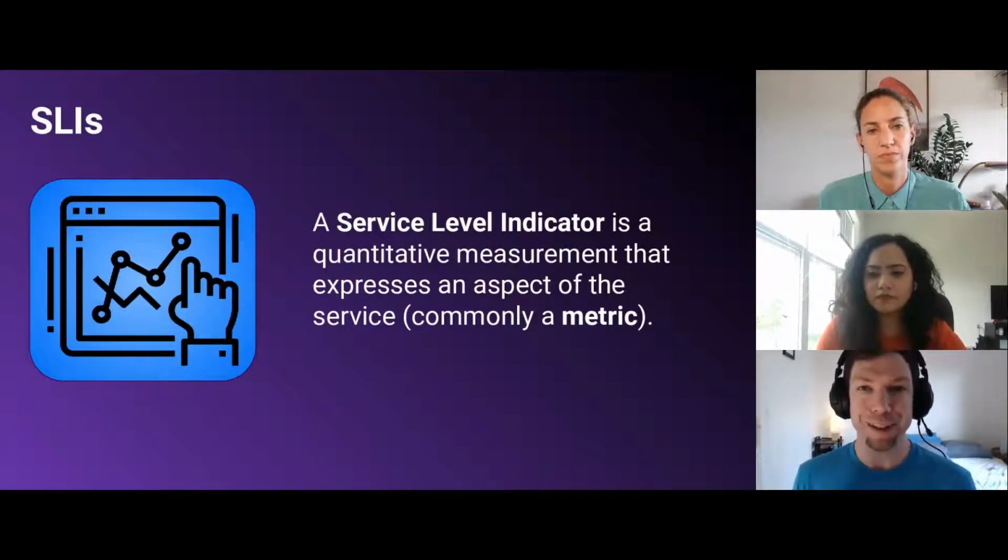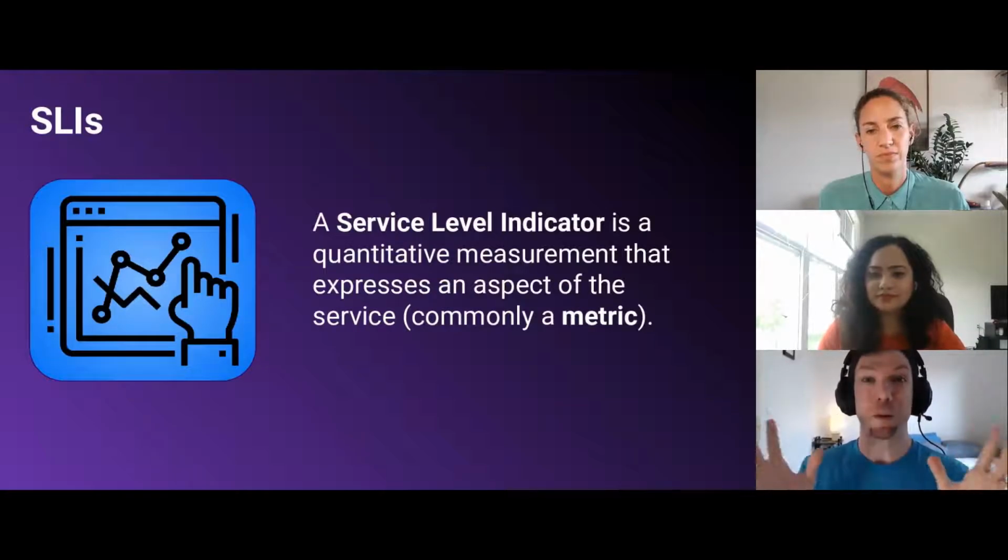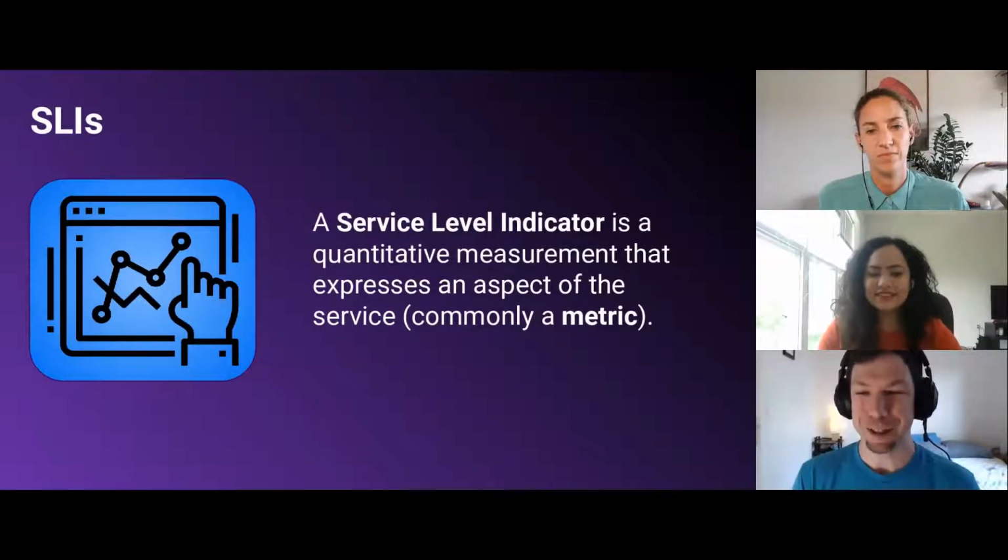A very simple, or simplistic perhaps, example would be something like the number of hits you're getting on a web page, which, if you remember the World Wide Web from the 1990s, everybody was really, really proud of how many hits they got on their web page, right?